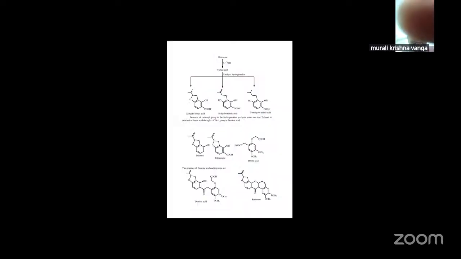So this is rotenone, which on heating with base gives tubaic acid, and the tubaic acid on catalytic hydrogenation forms dihydrotubaic acid, isohydrotubaic acid and tetrahydrotubaic acid as products.